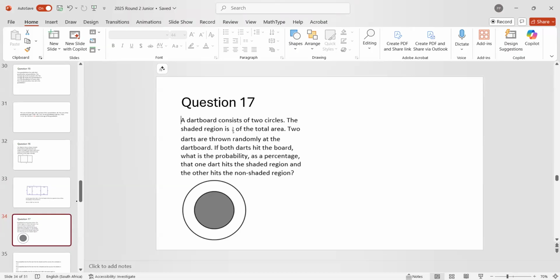So of the total area, this is 2/5 the total area, and this is 3/5. Now, if both darts hit the board, what is the probability as a percentage that one dart hits the shaded region and the other hits the non-shaded region? Right, now, this is a question on probability.